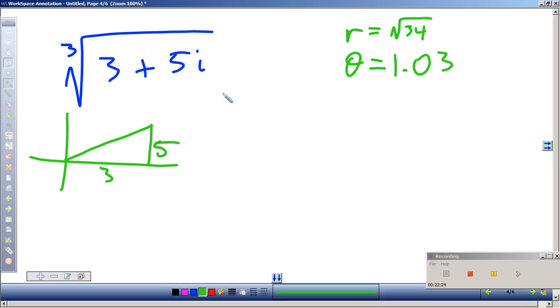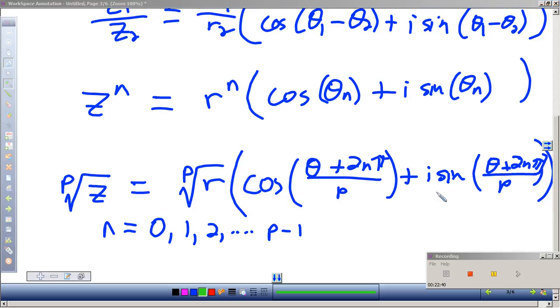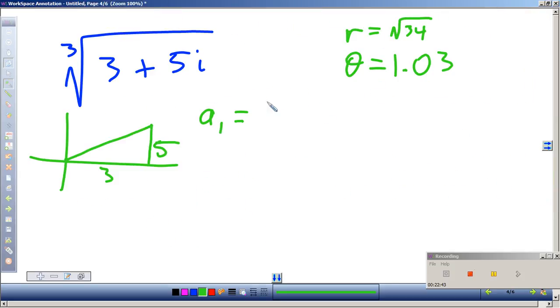Okay, so now we're going to figure out the cube roots of 3 plus 5i. So our first answer, I'm just going to call it A1, equals. We plug into the formula the pth root of r, so the third root of the square root of 34. To make it simpler, how do you write third root as an exponent?